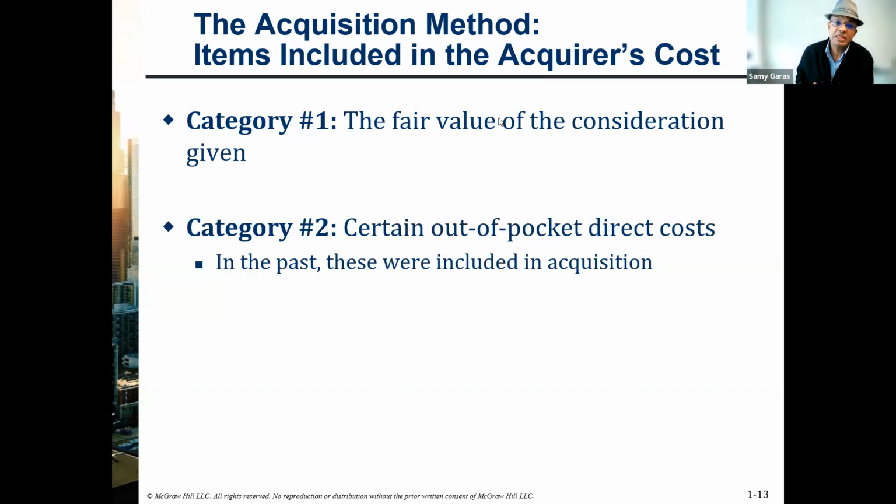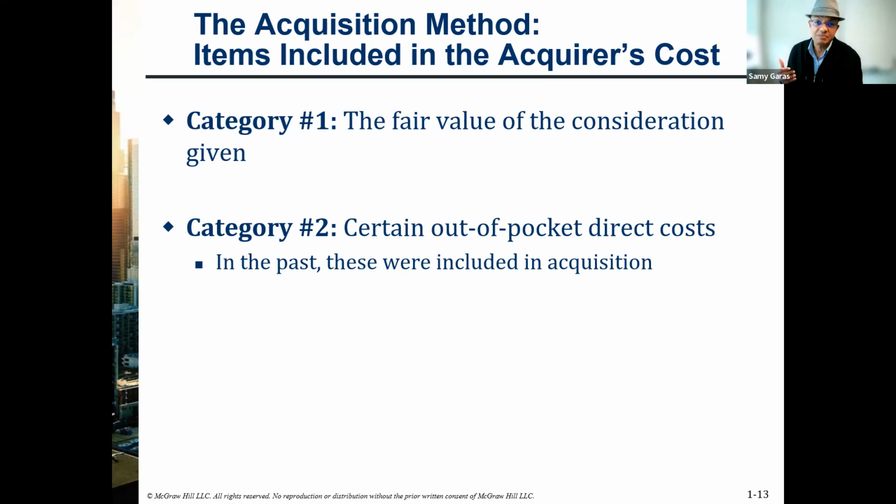So number one, the fair market value of the shares we give to the subsidiary. Number two, what will happen if we pay legal fees or accounting fees or any other fees on the date of the acquisition? In the prior years, we used to count all these fees as part of the assets and we capitalized them.